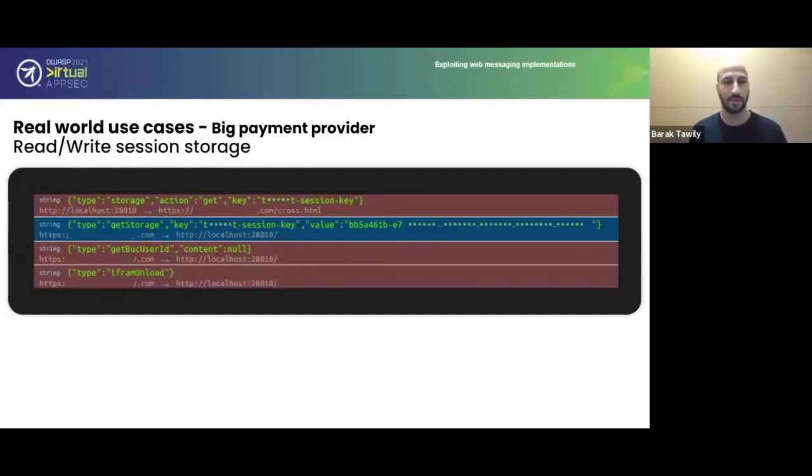We send back a message with the type get storage, the key with the session key, and the actual value that we retrieved from the victim. We can then use this value in order to take over its account.